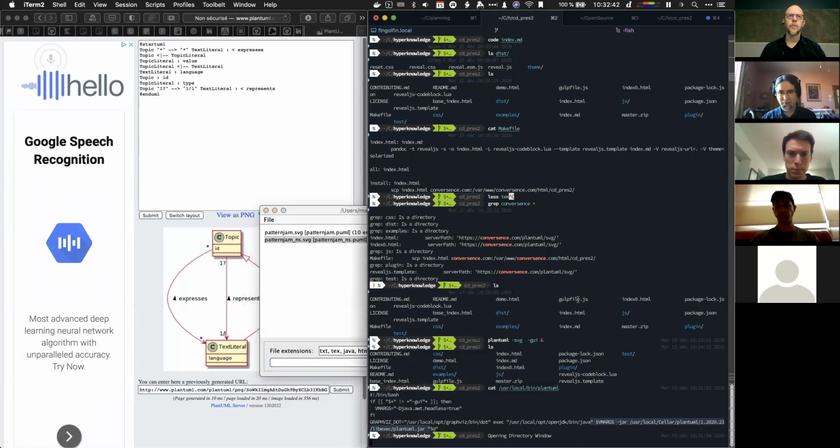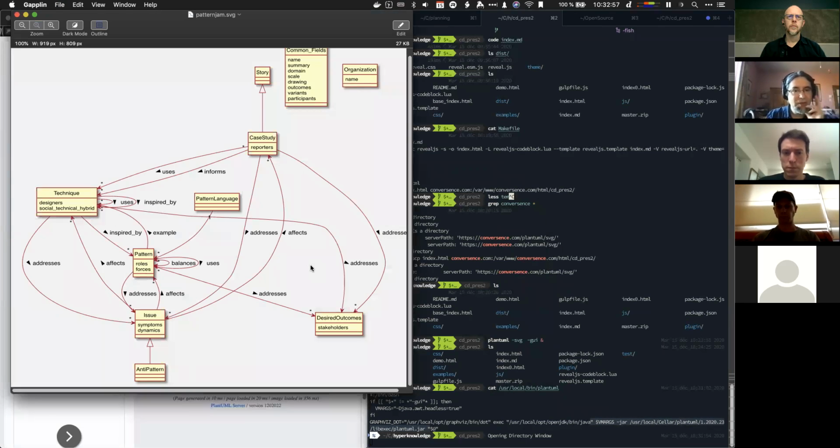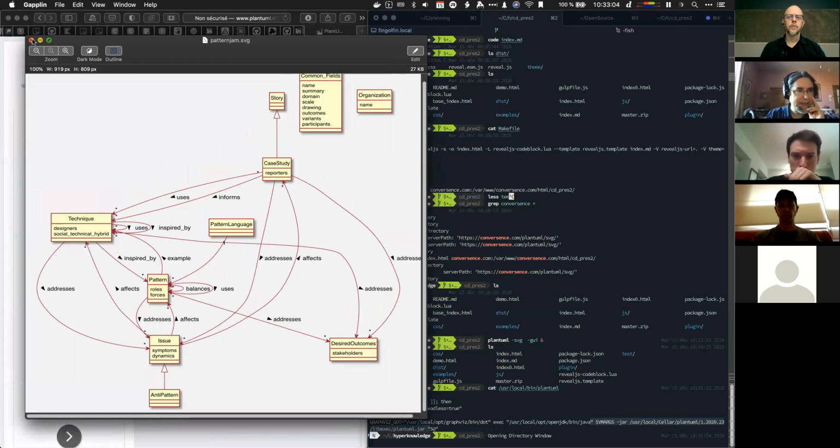And then I have another tool which is about visualizing SVG and again keeping it alive, and that's a Mac tool, but there will be something equivalent for whatever system you use. Visualizing SVG is a common task, but this one, Gapplin, gives me an up-to-date live update of the SVG.